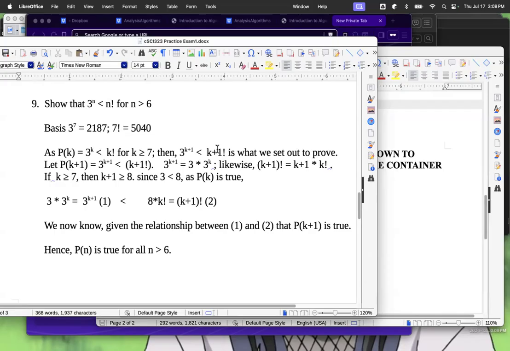And that would allow us to show, by way of big O notation, that 3 to the 7 is in O of 7 factorial. Or it allows us to say that 3 to the n equals big O of n factorial. Make sense? The n naught is 7.